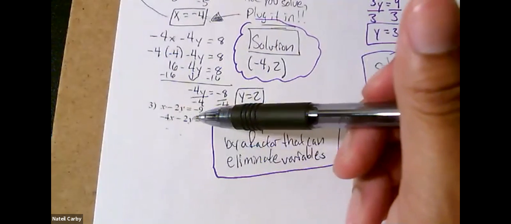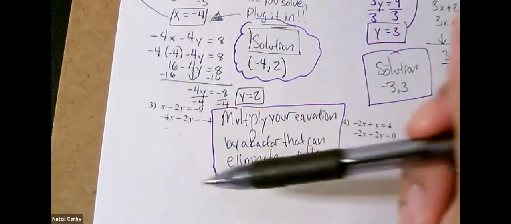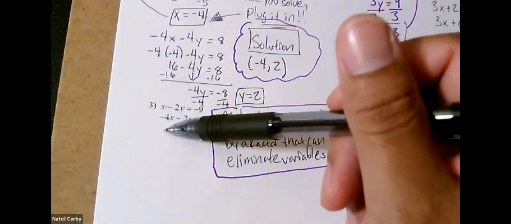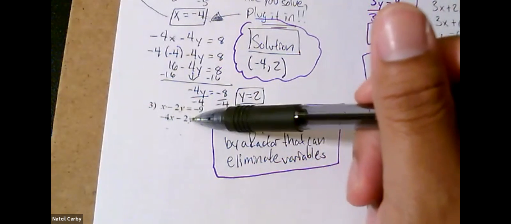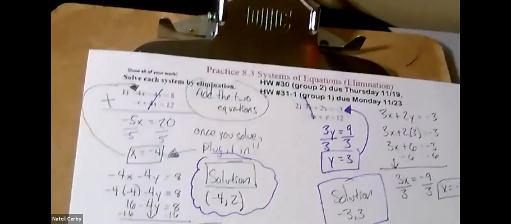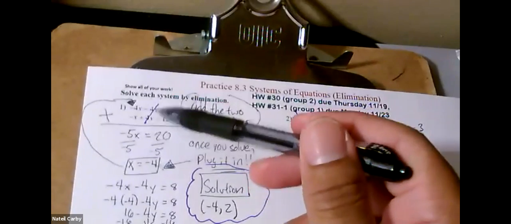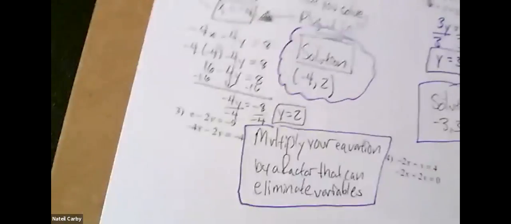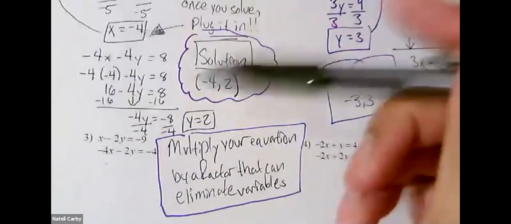You can use whatever. Okay, but again, why do I have to do this extra step? Because 1x plus negative 4x is negative 3x, and negative 2 plus negative 2 is negative 4. I don't have a situation like above where I add them and something immediately cancels. I don't have that for 1 or 2. Yes, like you see in 1 or 2, right? For number 3, I don't have that.